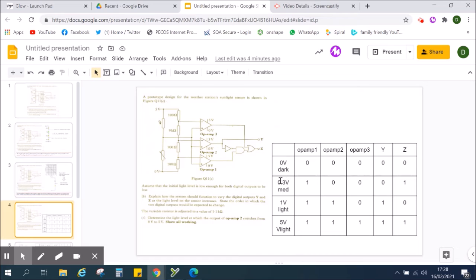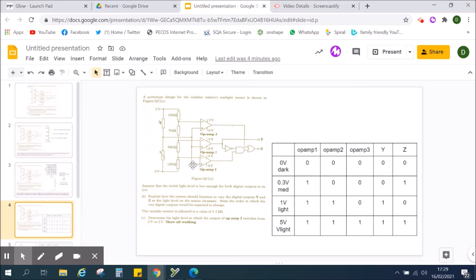I've picked a number that's between 0.049 and 0.49. And it's then getting brighter again, a number that's higher than 0.49 but not quite at 4.95, and then one that is above 4.95.